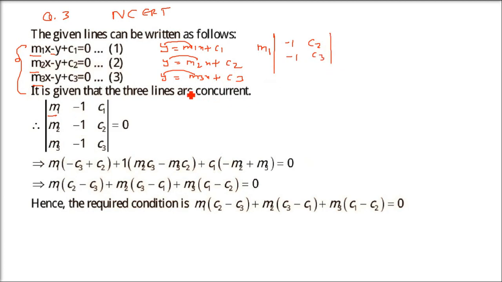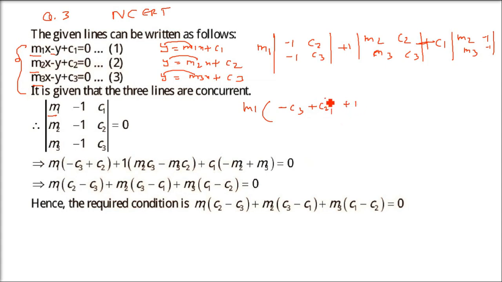Then we take minus of minus 1, so it will be plus, and then we have m2, m3, c2, c3 that we are going to write. Then we have c1, and leaving its row and column, m2, m3, minus 1, minus 1. So for m1 you get minus c3, and minus of minus is plus, so you get c2.